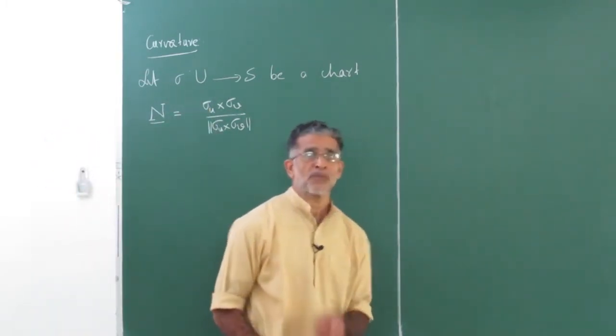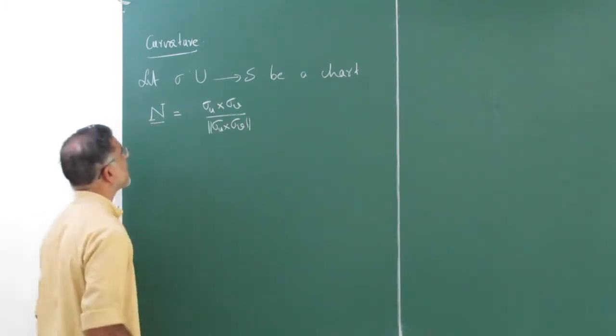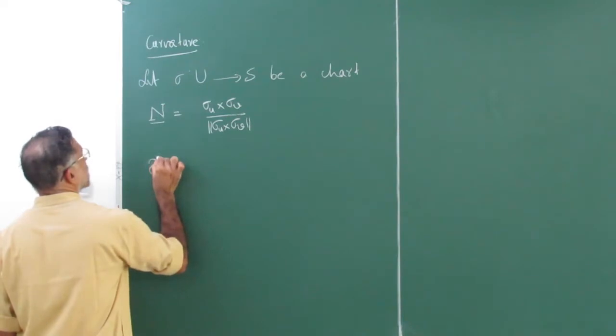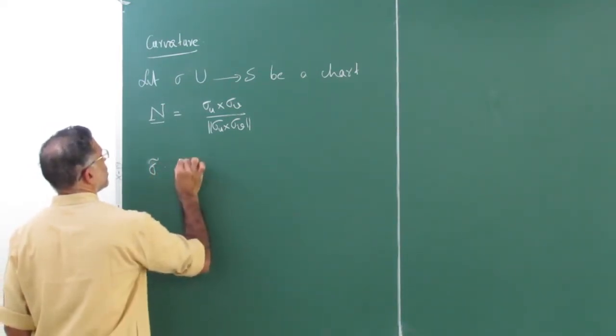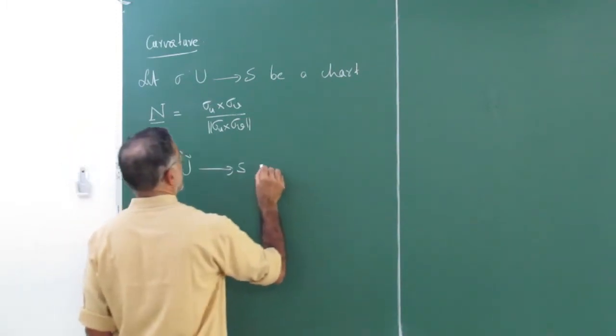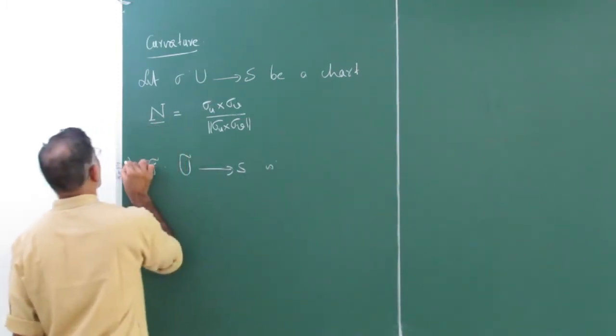But then there is a problem. If this is defined, what will happen if sigma tilde from u tilde to S is another chart?